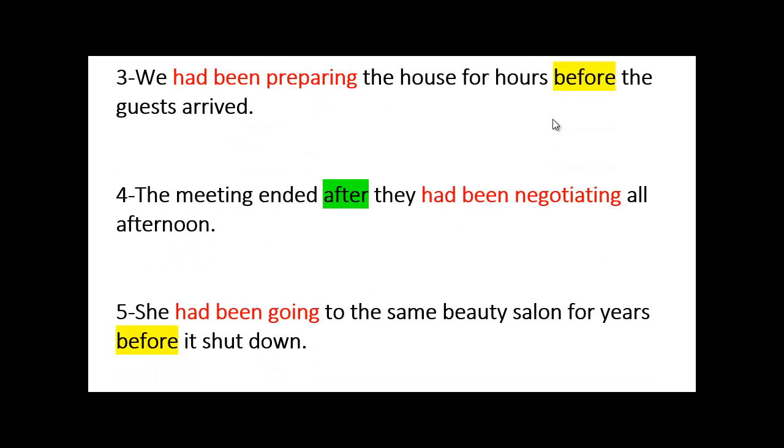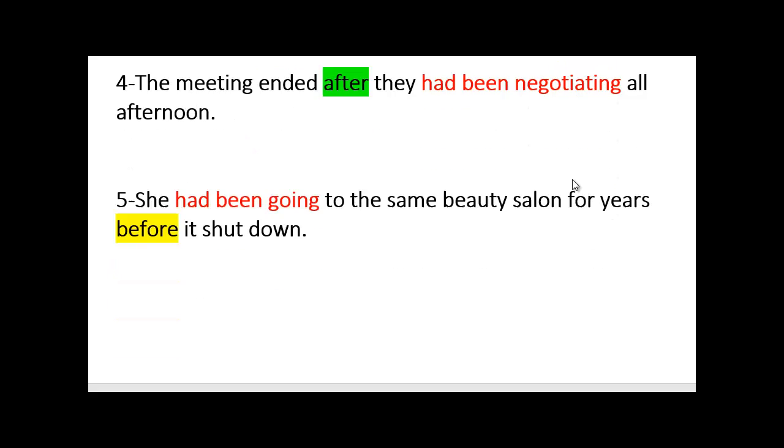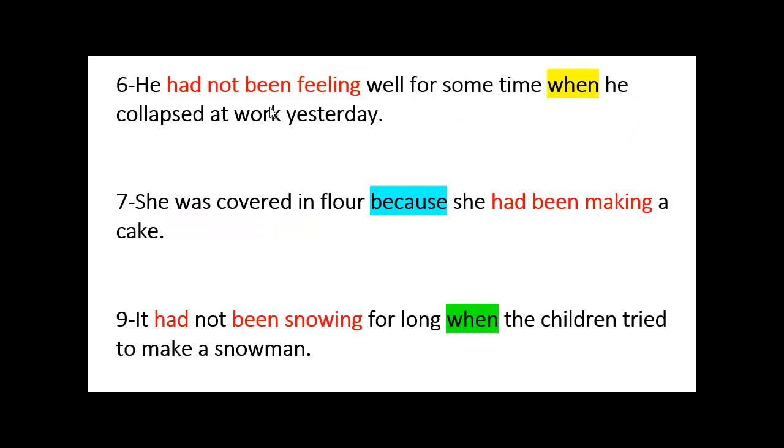The meeting ended after they had been negotiating all afternoon. She had been going to the same beauty salon for years before it shut down. You can see they're all examples, and we use different conjunctions here. Even because: she was covered in flour because she had been making a cake.